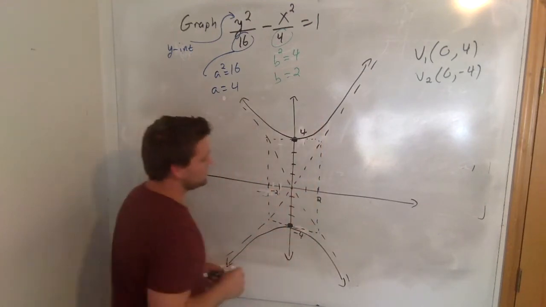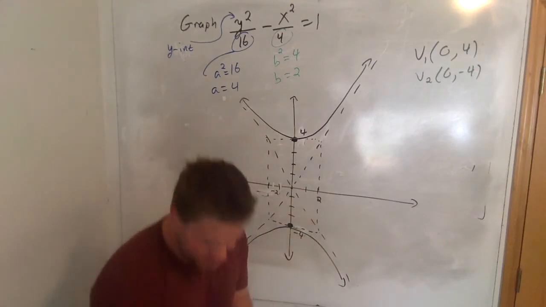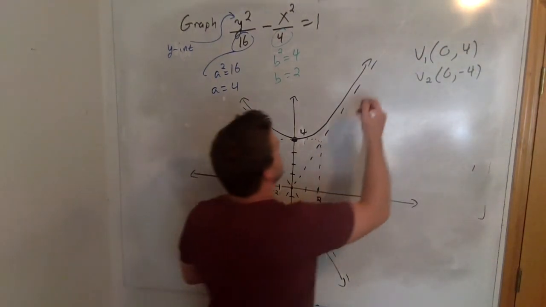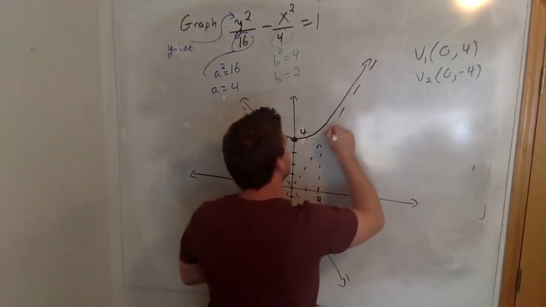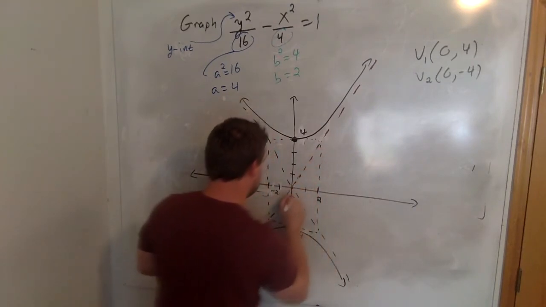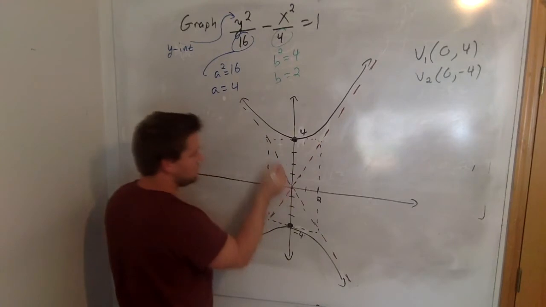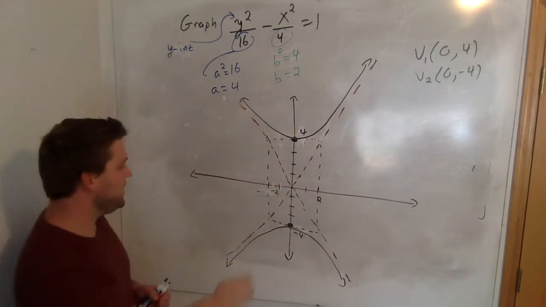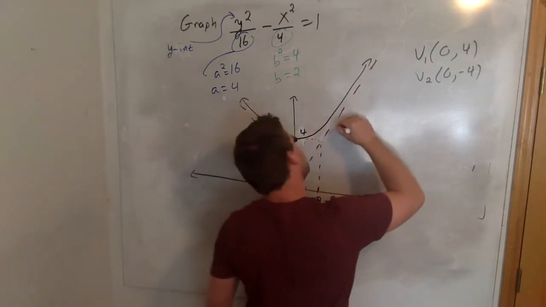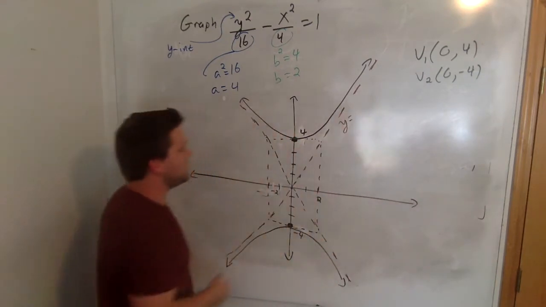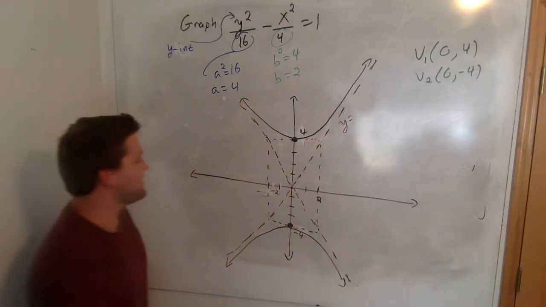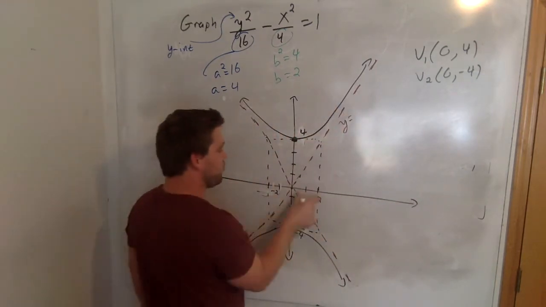Okay, so let's see here. Maybe in red again. Okay, the equation of this asymptote, the positive asymptote, well, the rise is 4 and the run is 2.